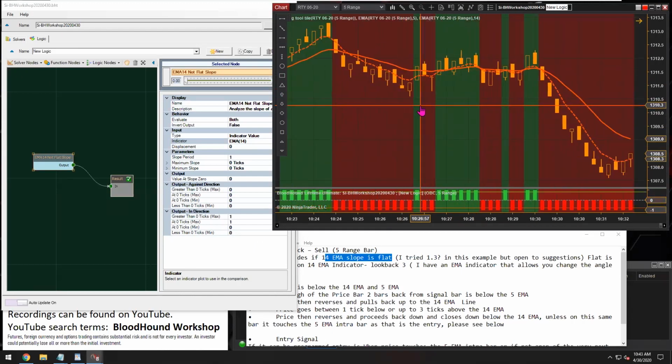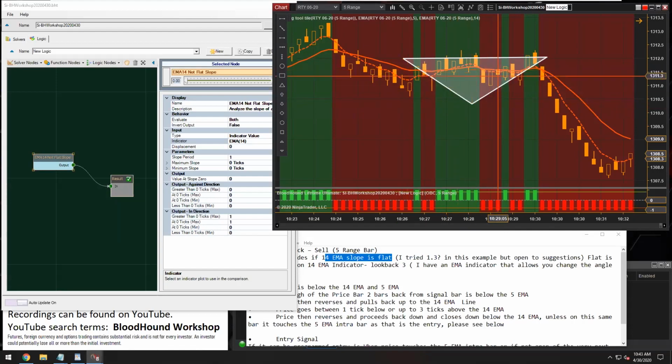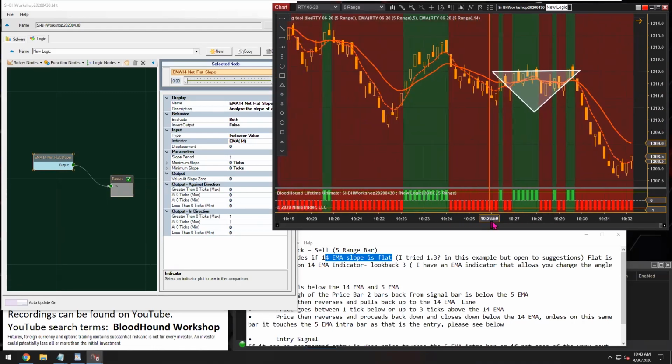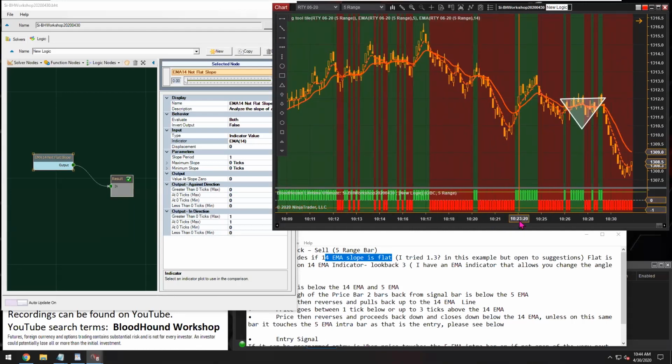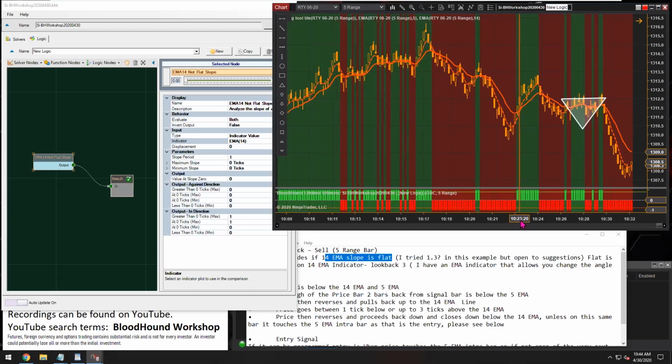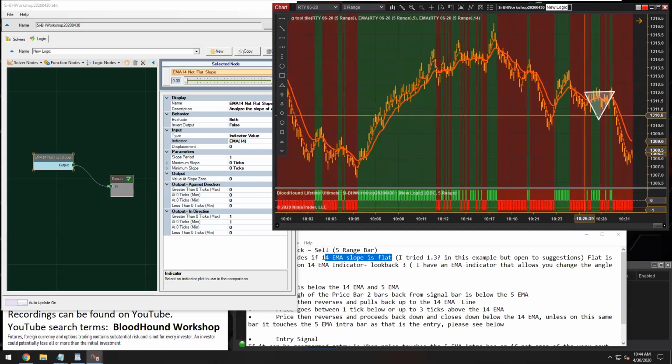So let's see if we can identify this area here as being flat. That EMA looks kind of flattish, at least based on this chart. Of course, if we squish this up, that's the problem with finding flat. Flat is very subjective because when you squish your chart, look at this slope here.